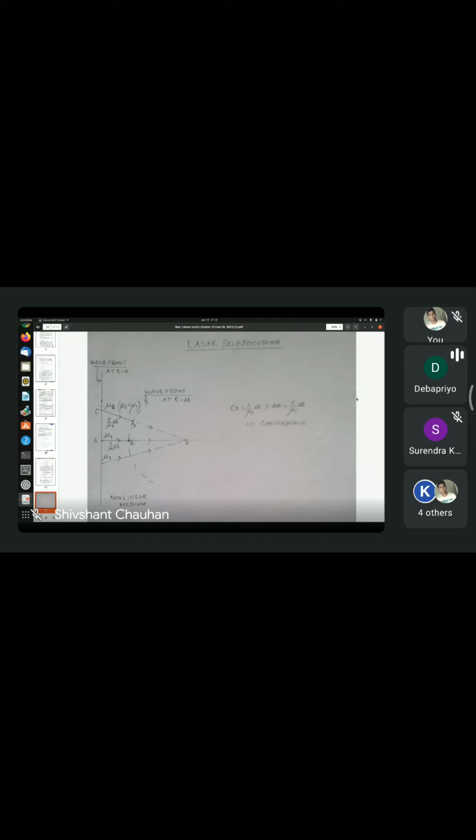Suppose we are considering the wave front that falls on the nonlinear medium at time t equal to 0. Then the peripheral region of the beam passes through point C, where the refractive index is less because the amplitude of the electric field in the peripheral region is smaller.